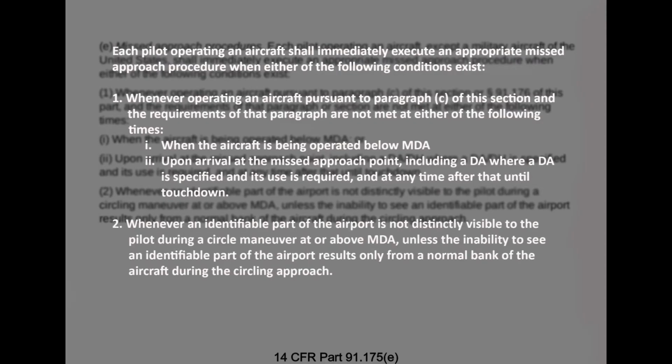Number 2. Whenever an identifiable part of the airport is not distinctly visible to the pilot during a circling maneuver at or above MDA, unless the inability to see an identifiable part of the airport results only from a normal bank of the aircraft during the circling approach.